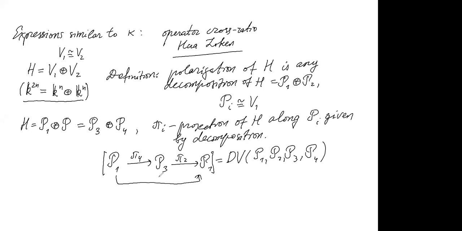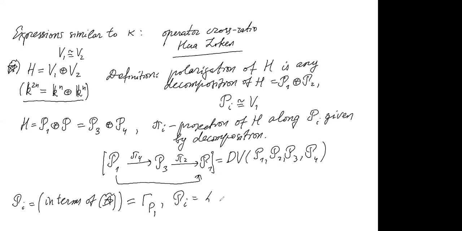If we fix the original polarization, say this one, then you can represent every subspace Pi in terms of this polarization as the graph of a certain linear map pi_i. You can write that Pi is equal to the set of vectors of the form (f, pi_i(f)), where f is in V1.